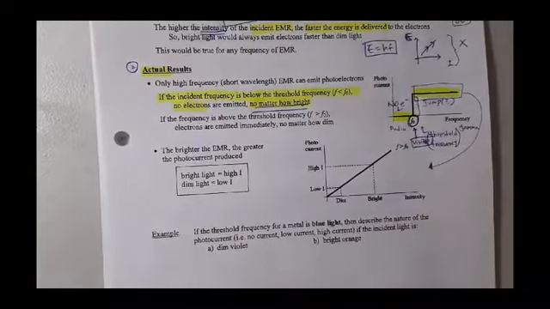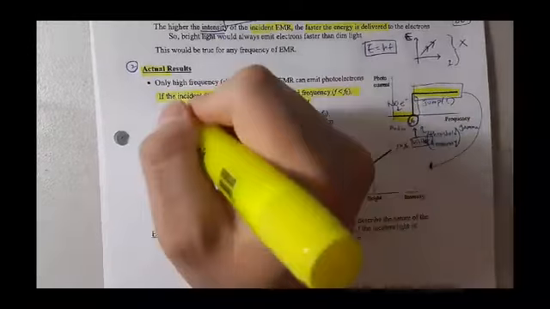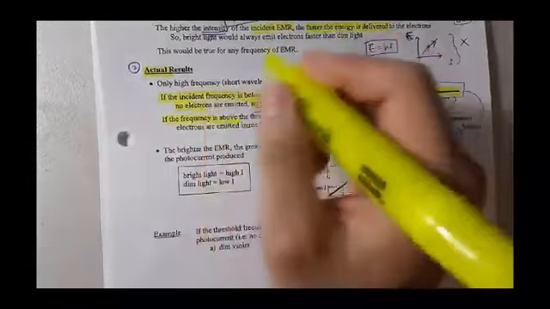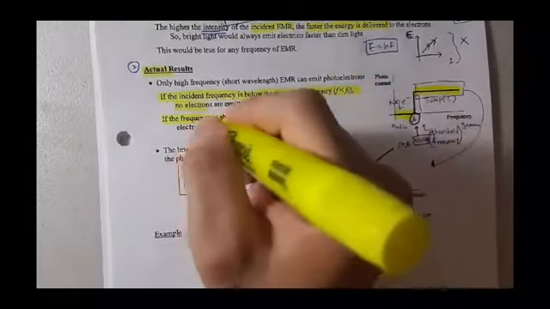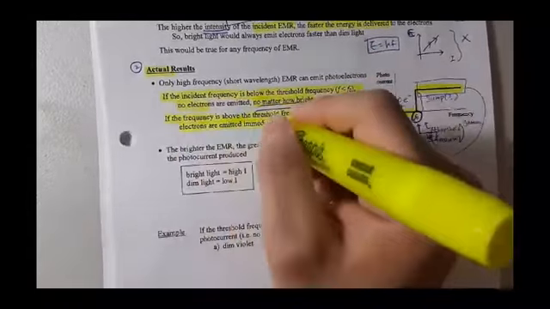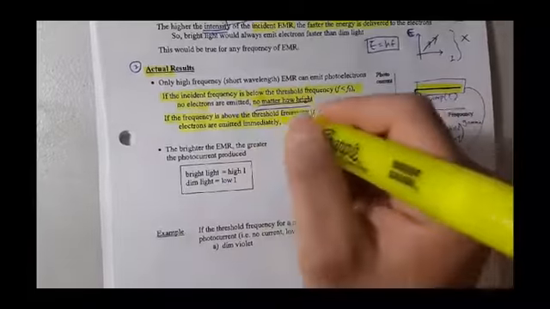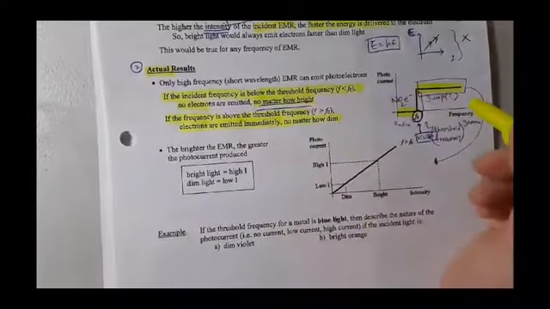Then we can control how dim, how bright, and at this time maybe you can get more electrons. So for any frequency above the threshold frequency, electrons are immediately emitted, no matter how dim it was.